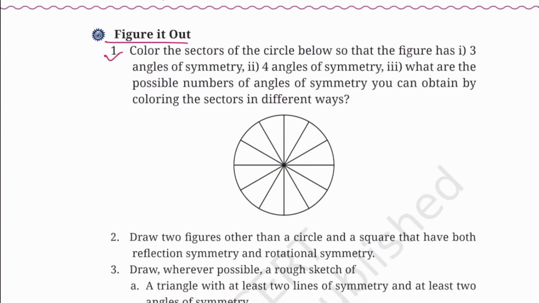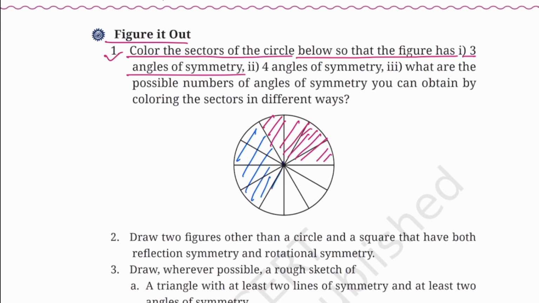Figure it out. 1. Color the sectors of the circle below so that the figure has 3 angles of symmetry. You can color it like this. Similarly, for the second one, 4 angles of symmetry.